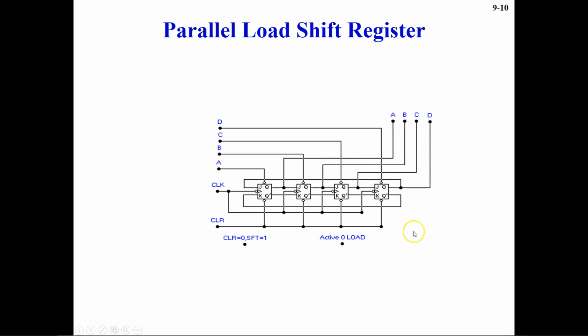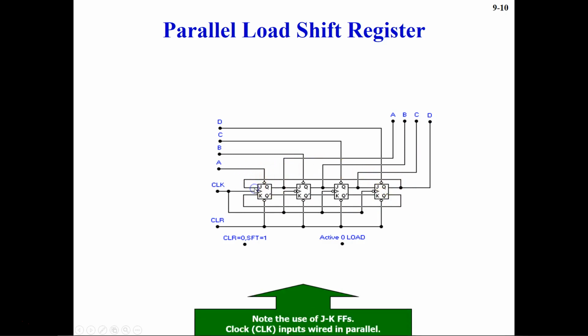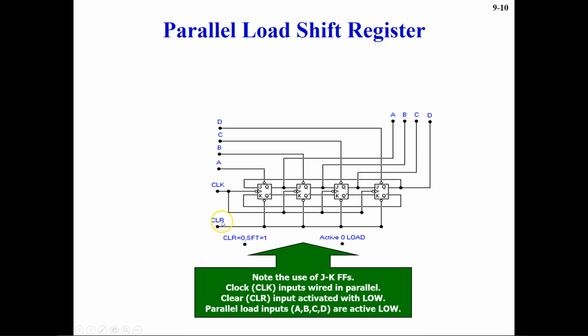And there's one different thing you may notice: this Q bar is connected to this K, and this Q is connected to this J. So it is kind of forming a ring. Whatever your output is will go into this J, and whatever you get at Q bar will go into this K input.